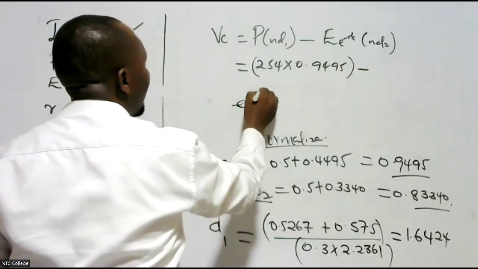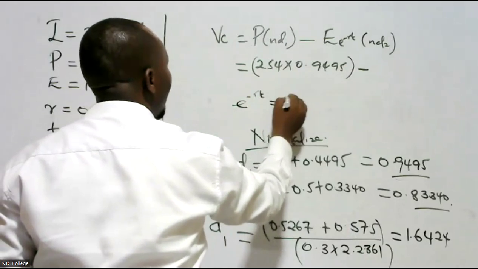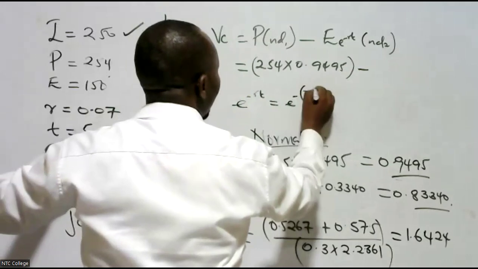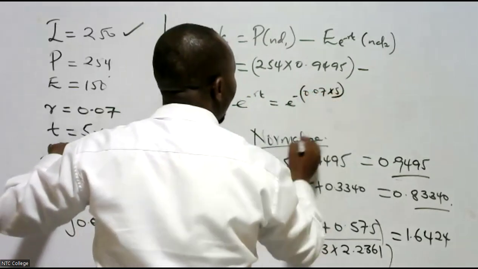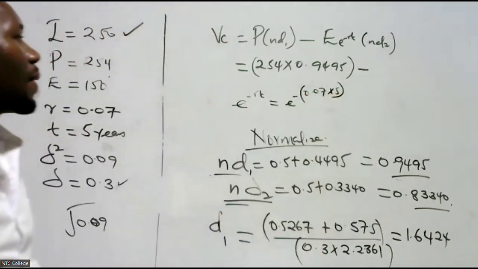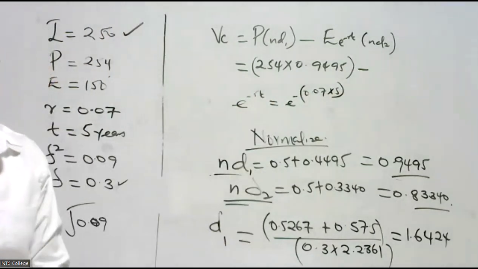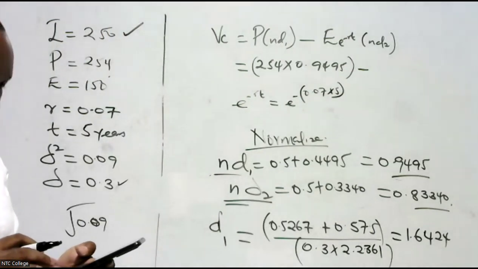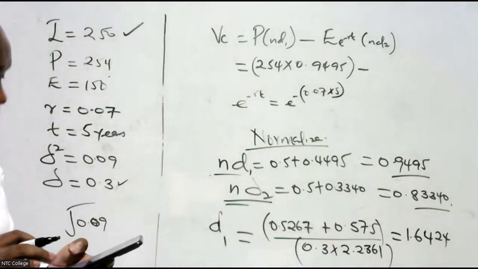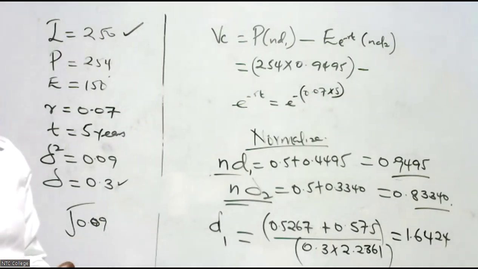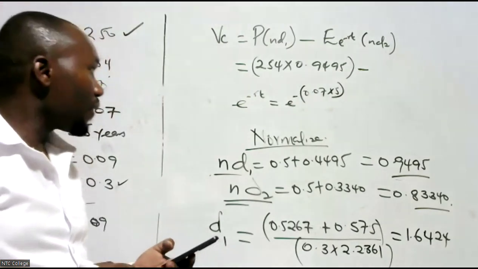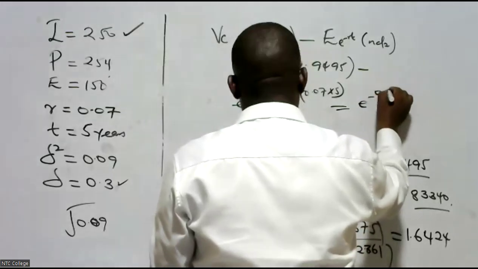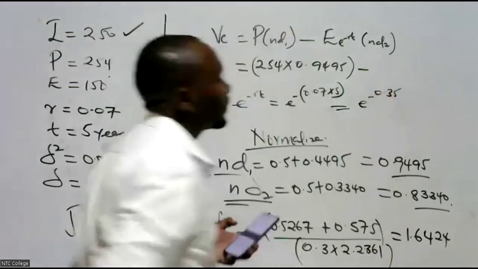E RT is the same as E into R and T, right here, so 0.07 times 5. So what is the figure? 7 times 5. Give me Euler's constant of negative 0.35.